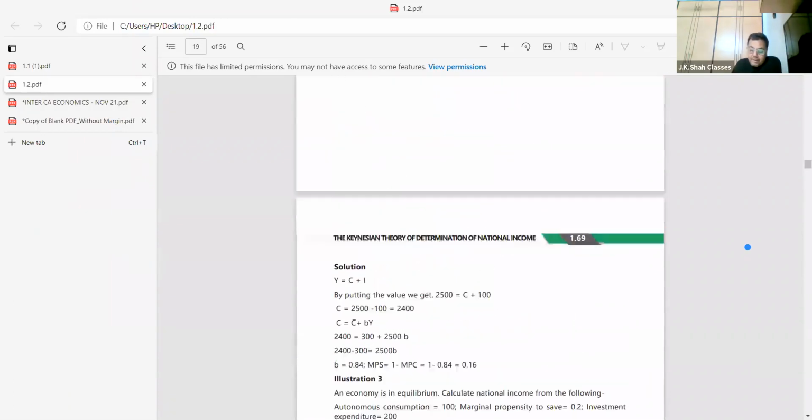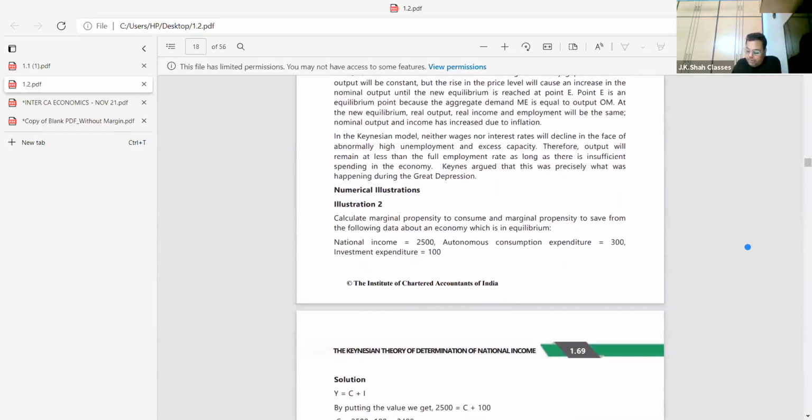Come to page 1.68. I'll do it with you, students, but you have to solve in your notebooks, all of you, please. I'll do one or two with you, the rest you start doing. See what it tells you: calculate marginal propensity to consume and marginal propensity to save from the following data about an economy which is in equilibrium.